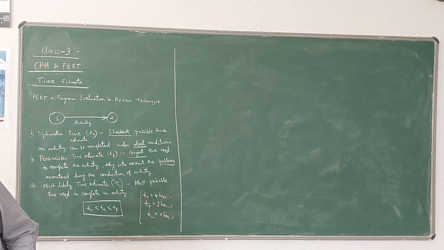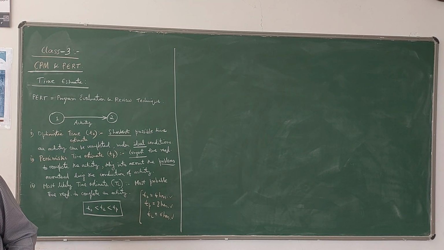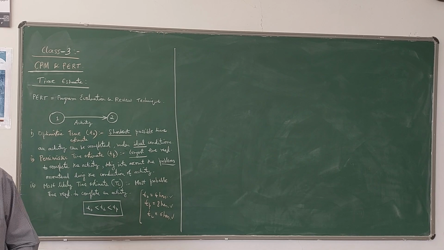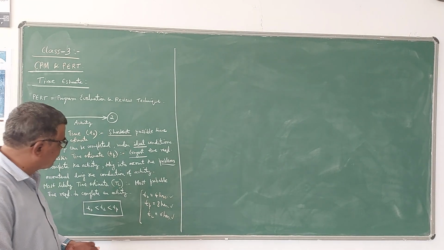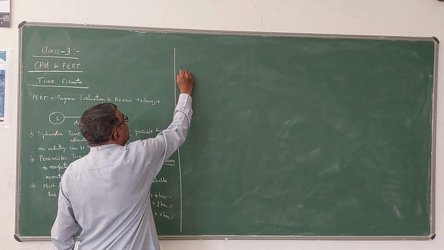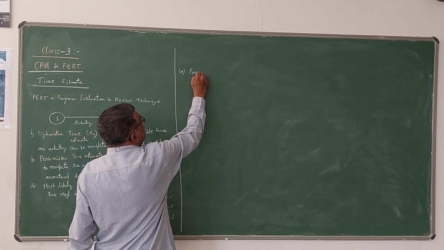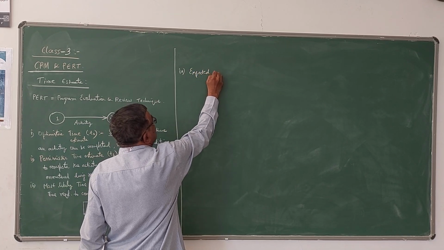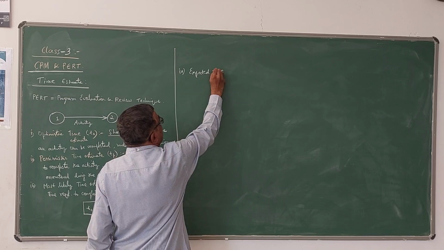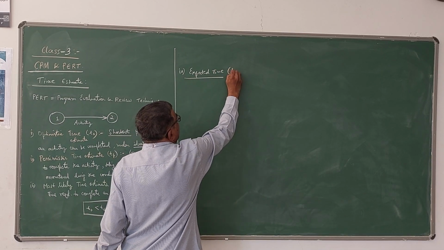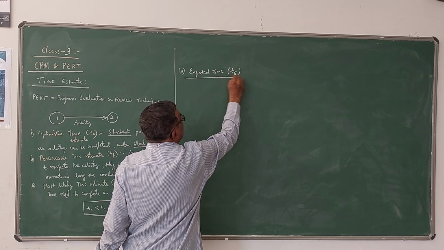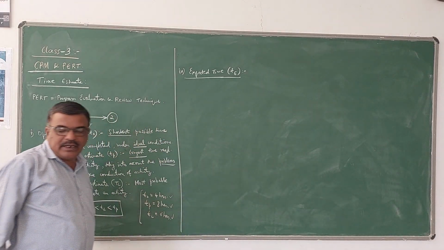The fourth one is most important, which is called the estimated time. This is the most expected time, the expected time. This is what we are going to use in PERT. Expected time is denoted by TE.